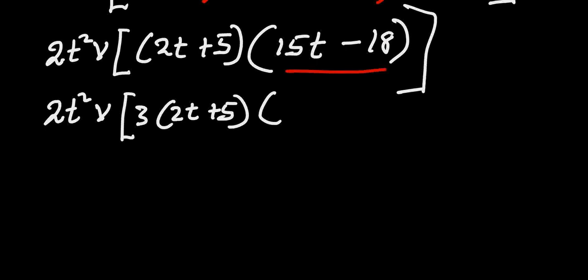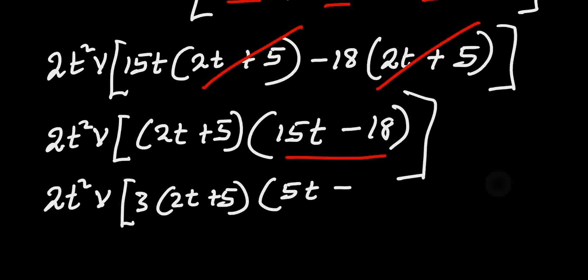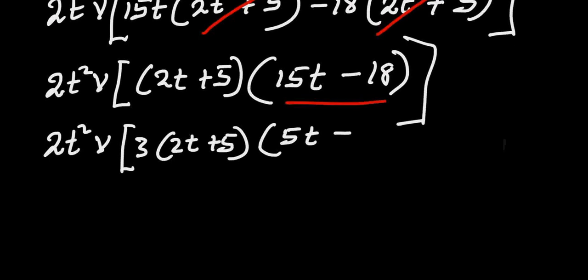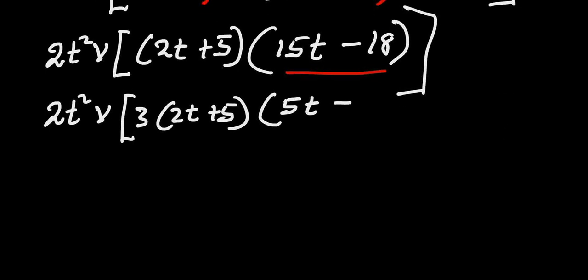And 15t divided by 3, that will be 5t. Negative 18 divided by 3, is this supposed to be negative? Yeah, negative. Negative 18 divided by 3 would be negative 6. Good. Use your block bracket.